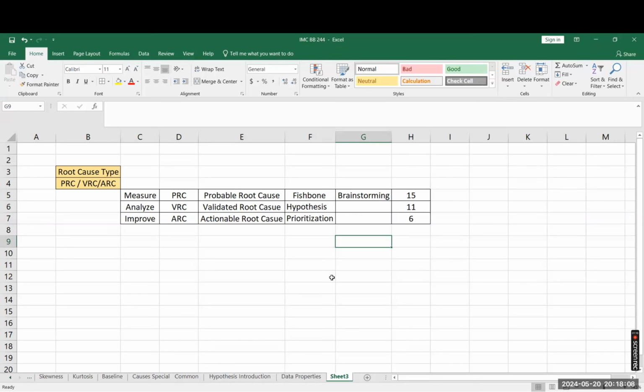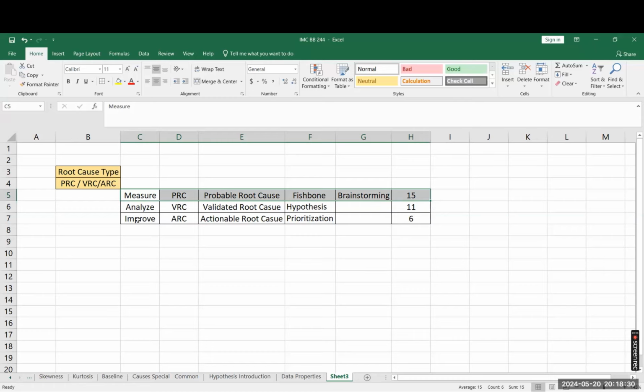Yes, Jishan. Ask me. I missed the point of where the 15, 11, 6 are coming from. I was just assuming, suppose you have identified 15 reasons that may have an impact on your output variable.